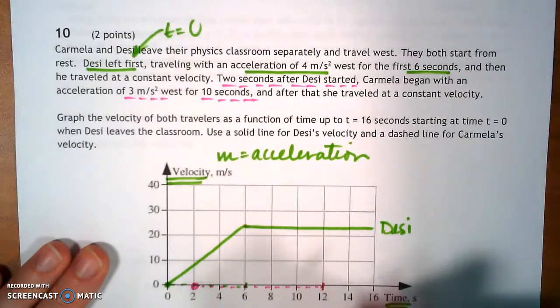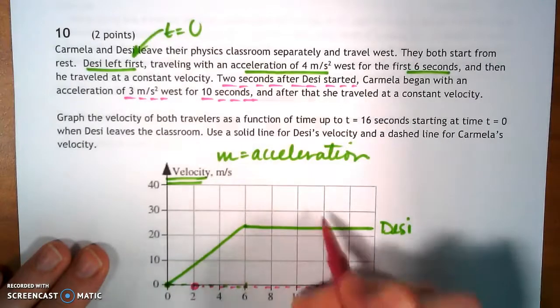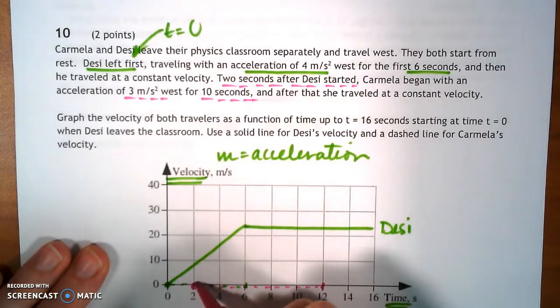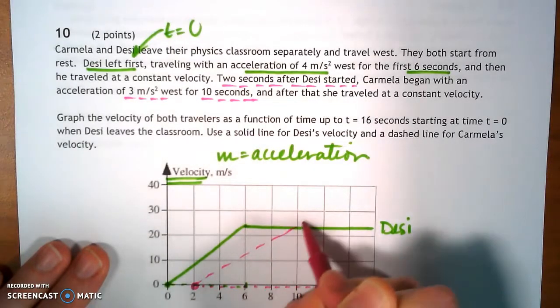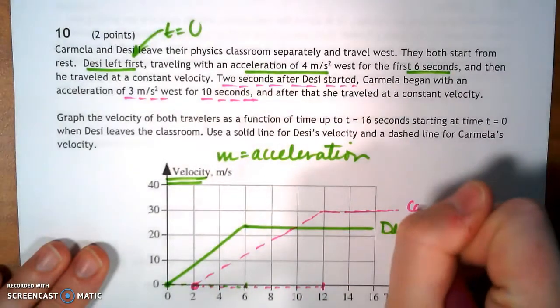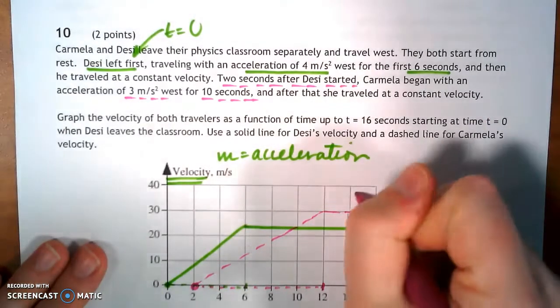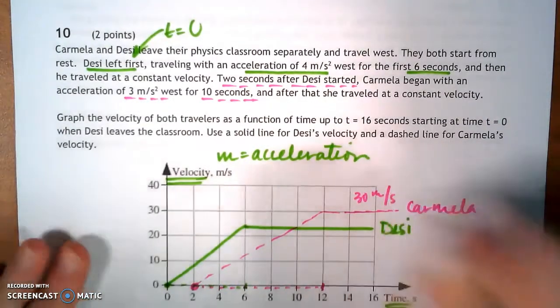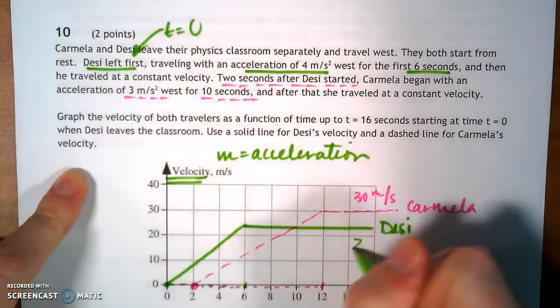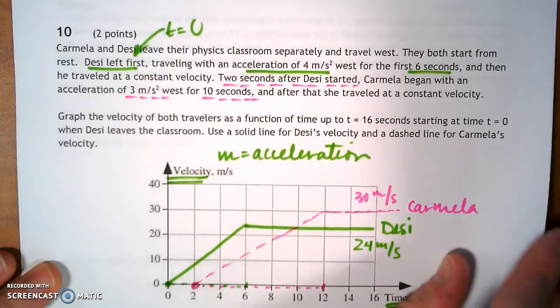That means that she's accelerating up to the 12-second mark, and that's when she is going to finally reach 30 meters per second. Excuse me, I'll say it wrong several times. This is 30 meters per second, and this is 24. So that maximum velocity that they each reach is like that.